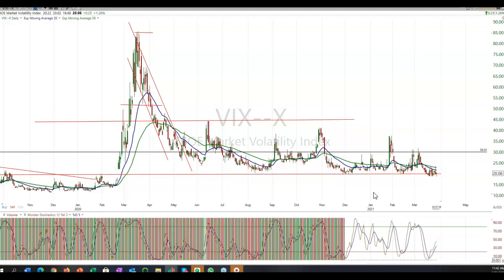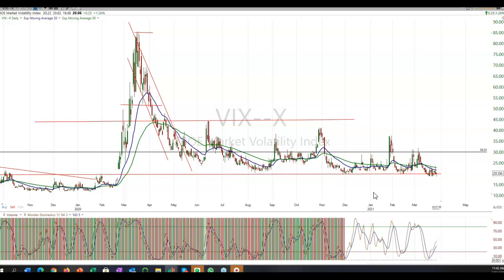This is the fear and greed index. So at 20, it's historically been neutral, and I still think that that's a neutral reading. It needs to get below 20 to be very bullish.